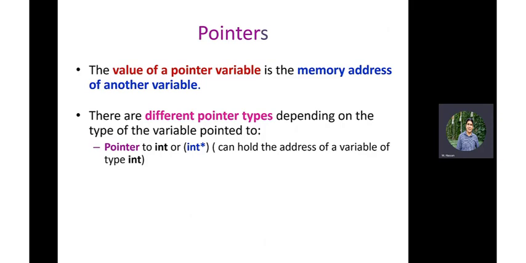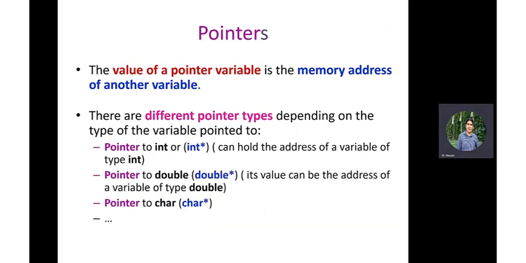For that reason, this need led to the invention of different pointer types based on what variable they are pointing to. So we have an integer pointer, which means it holds an address of an integer variable. We have a double pointer, we have a character pointer. So any type you have has its own corresponding pointer type, correct?